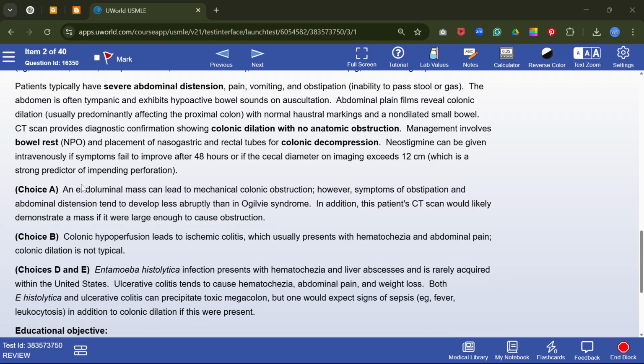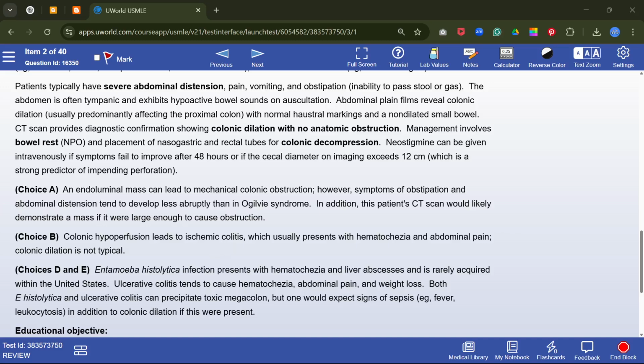Option A, an endoluminal mass, can lead to mechanical colonic obstruction. In mechanical colon obstruction, the CT scan would likely demonstrate a mass if it were large enough to cause obstruction.